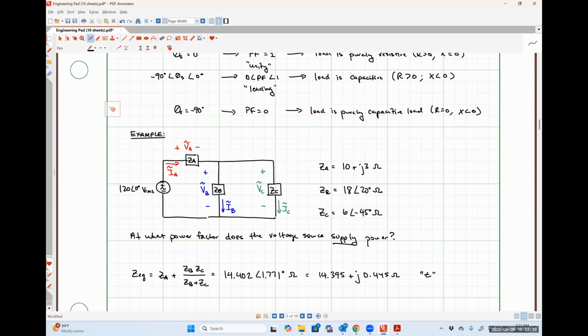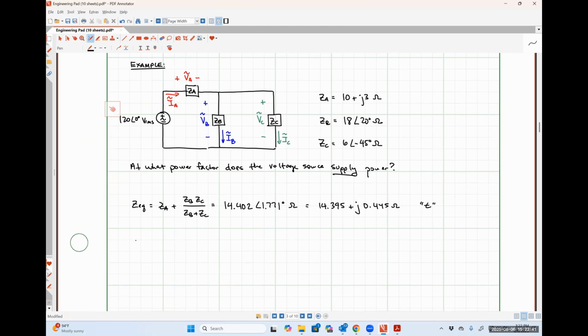We calculated it earlier, but just to remind you, the current IA that's flowing into the negative polarity terminal is just going to be 120 angle 0 degrees volts RMS over ZEQ.